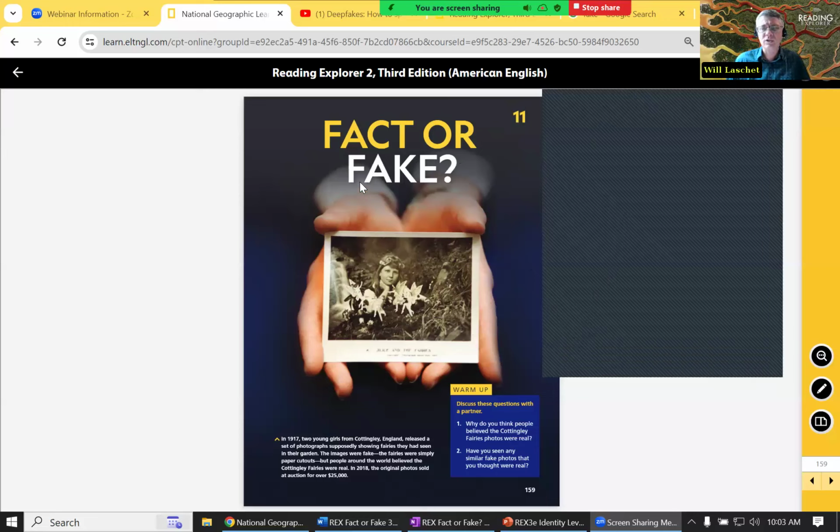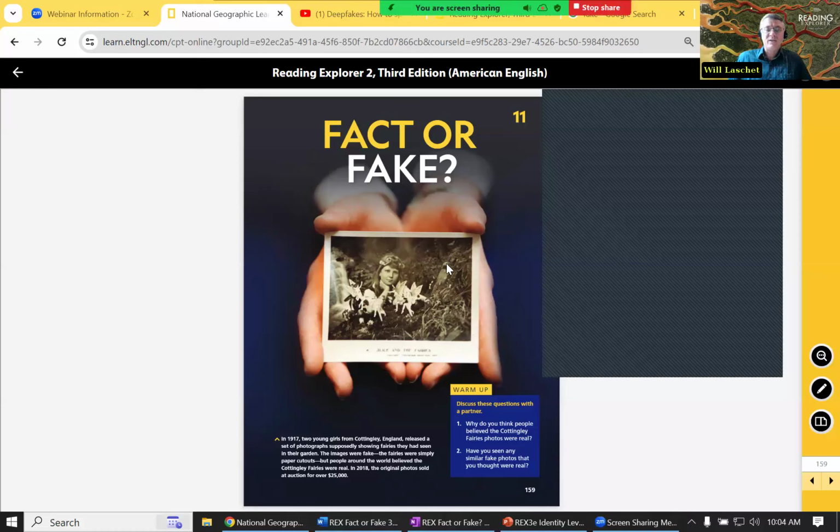It means that it is not genuine. Exactly, not genuine or not authentic. So this lesson is about how do we distinguish whether something is real, something is true, or if it is not genuine, if it's inauthentic, if it has been made up, if it's false, if it is a lie.